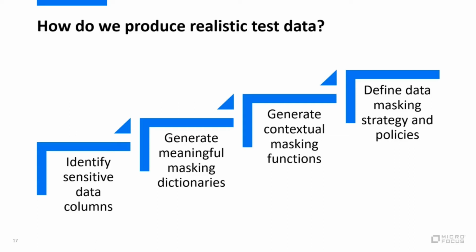And after that, we will see how to generate the masking functions that will use the dictionaries, but also algorithms to generate realistic data. And finally, we will see how we create these policies, these business flows, as I mentioned previously, that testers will be able to run via this interface.